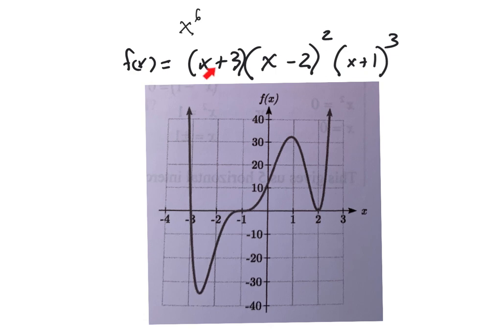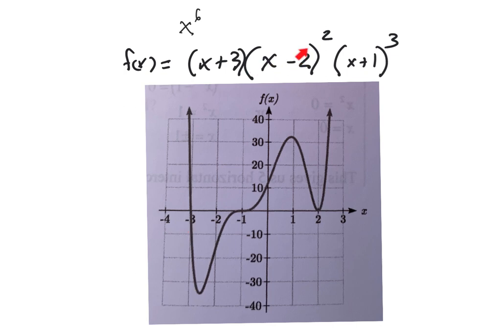But if we look at x plus 3, this by itself, because there's no power on it other than 1, is a linear function. How do linear functions operate? They operate kind of like a straight line. That means that when this graph crosses at -3, it's crossing similar to the way a straight line would. Granted, it's not actually a straight line, but it is like a straight line in how it crosses the axis.